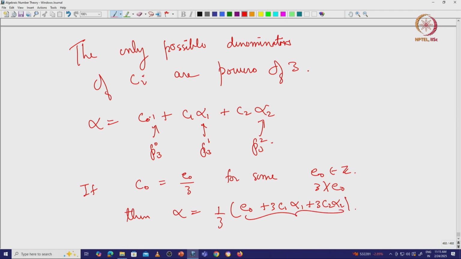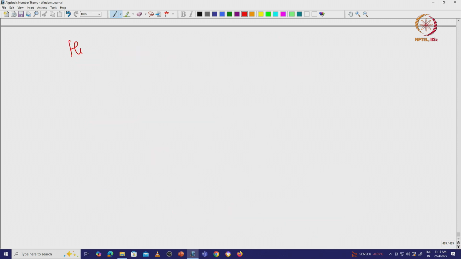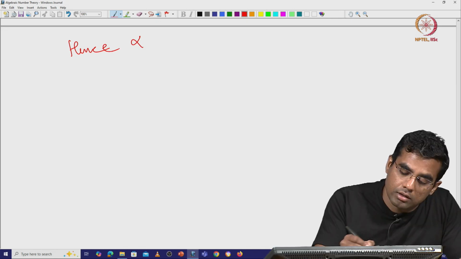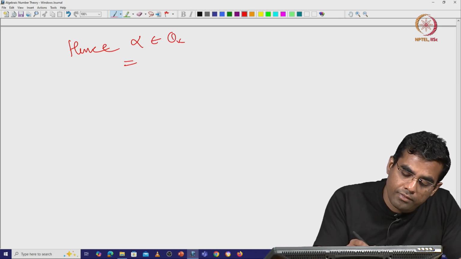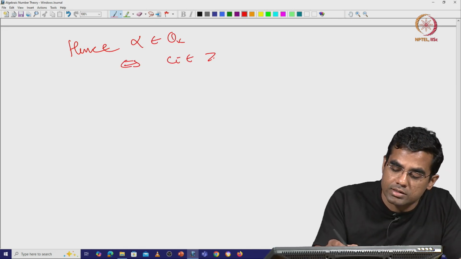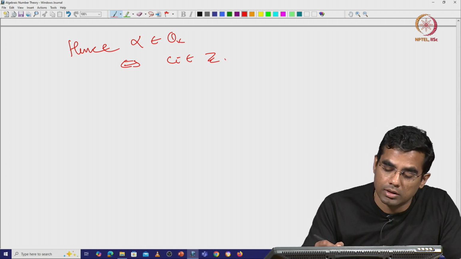And so, this should be divisible by P3 cubed, but the only way this will be divisible by P3 cubed is if E0 is divisible by P3 cubed, in which case E0 will be divisible by 3, and we have assumed that that does not happen. So, that is a contradiction, right. So, hence alpha is in OK if and only if Ci's are in Z, right.